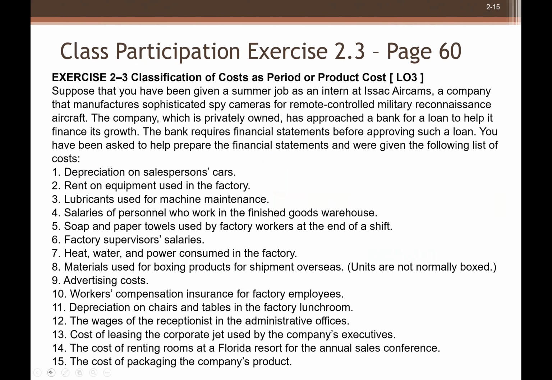Okay. Now this is a group assignment, a group participation. I'm again opening the breakout room. All you need to do is segregate whether this is a prime cost, period cost, or product cost. Okay, so you can take the picture.